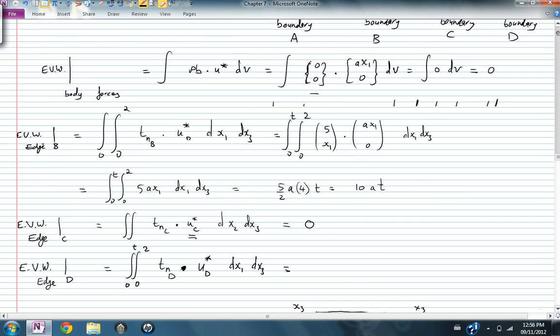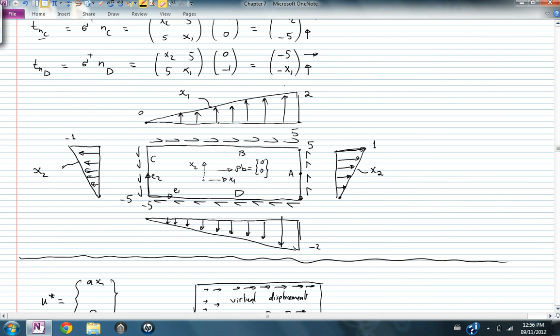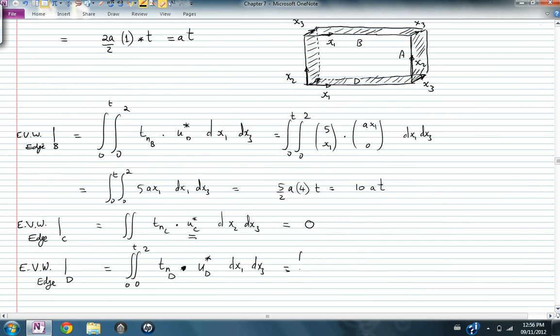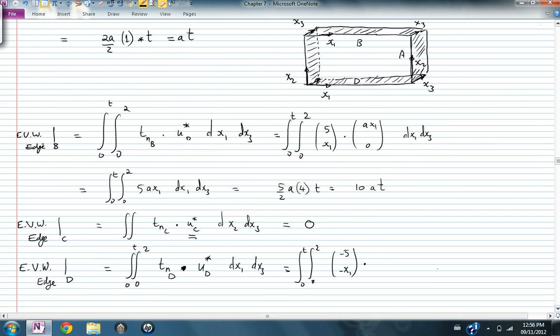Let's go above, see what T n D is. T n D is equal to negative 5, negative x1. Negative 5, negative x1, dot u star D is equal to ax1, dx1 dx3.